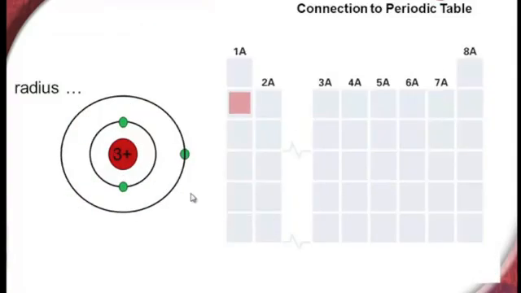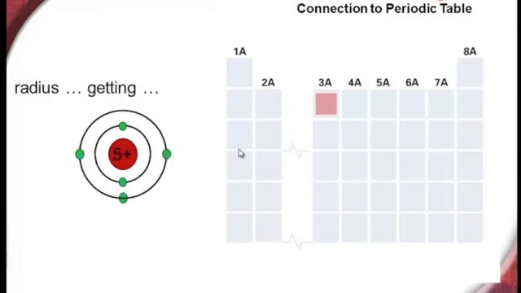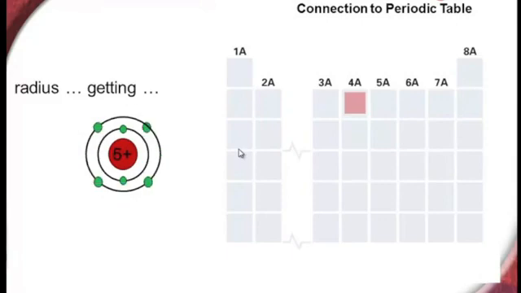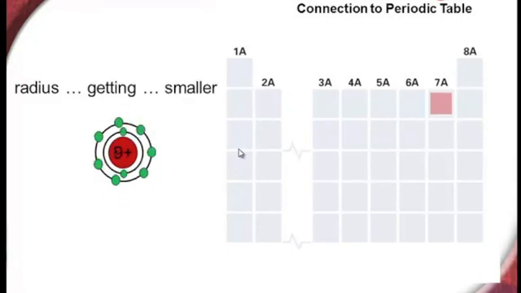Okay, now let's connect that to the periodic table just to make sure. So in terms of atomic radius, here we are with lithium. That's what this shaded red area denotes. And as we go across the second period, you can see that the radius gets smaller and smaller. And if you were wondering up until now, hey, what's up with that?